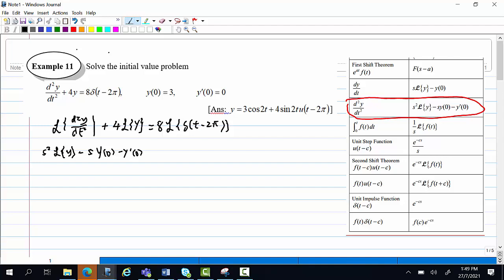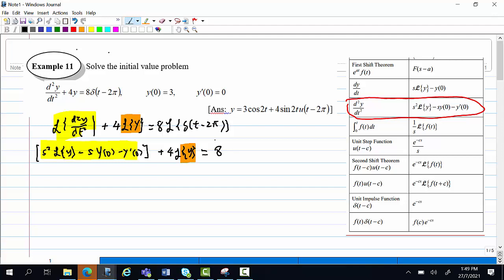That is for the first term. Plus the second term, which is 4 times the Laplace transform of y, equal to 8 times the Laplace transform of delta of t minus 2π.